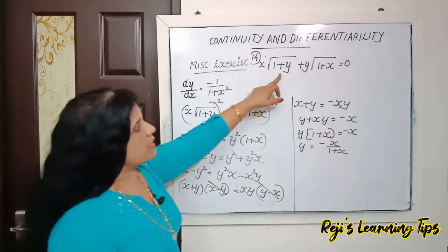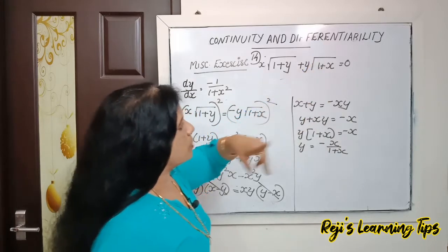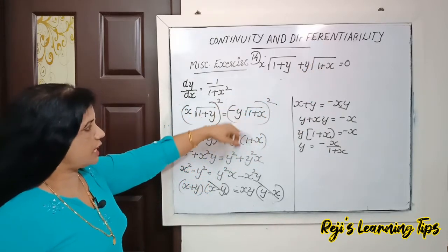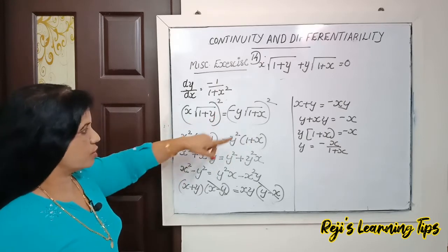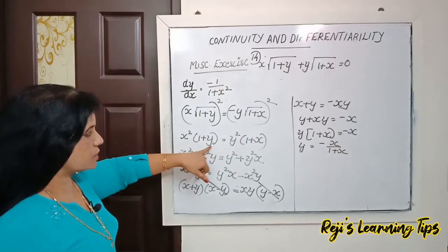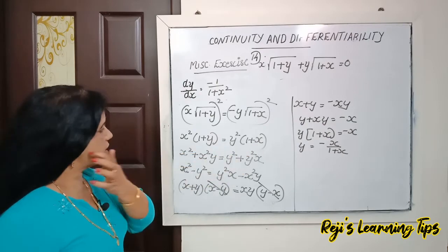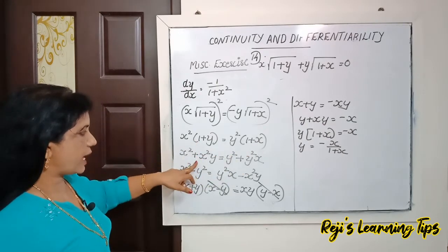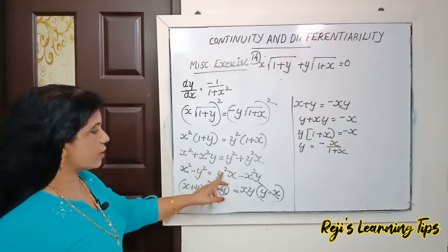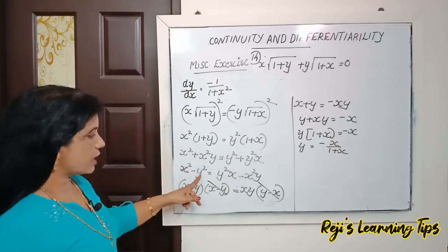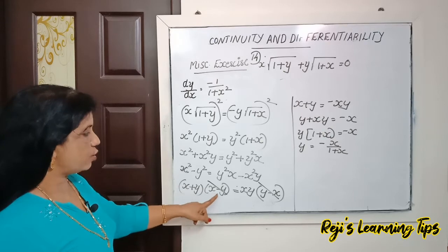x into root of 1 plus y plus y into root of 1 plus x is equal to 0. So, first we take y into root of 1 plus x to the right side and square on both sides. Then we will get x square into 1 plus y is equal to y square into 1 plus x. Then we open the bracket and take y square to the left and x square y to the right. Then x square minus y square is x plus y into x minus y.